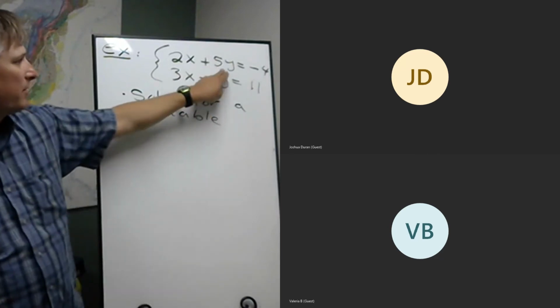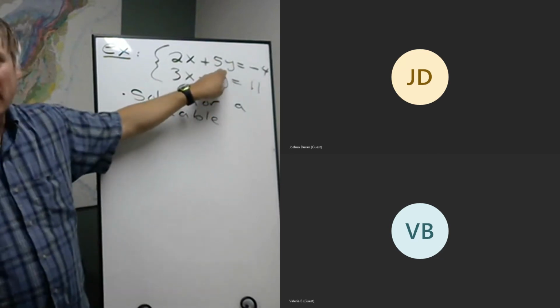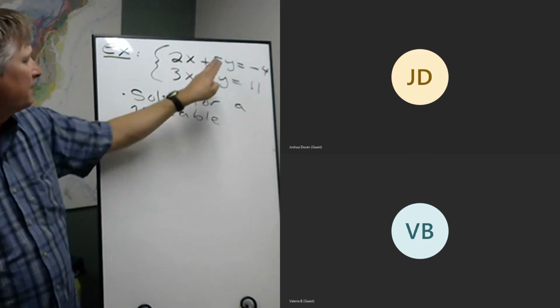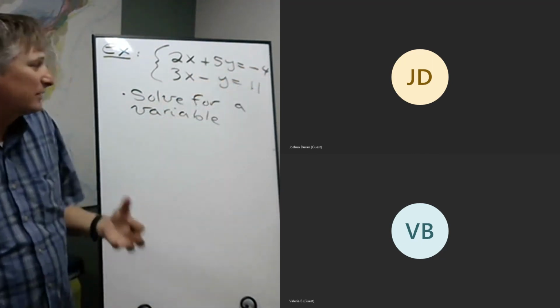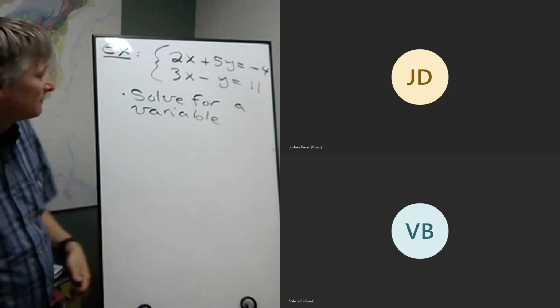Say we're working with this y. We have to divide by 5. So divided by 5, divided by 5, divided by 5. We're going to get a bunch of fractions. And fractions are kind of maybe a little tiresome.